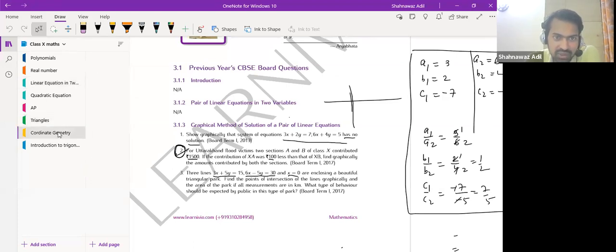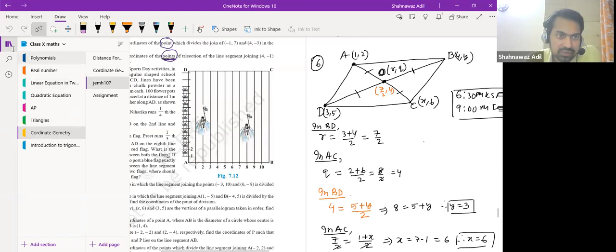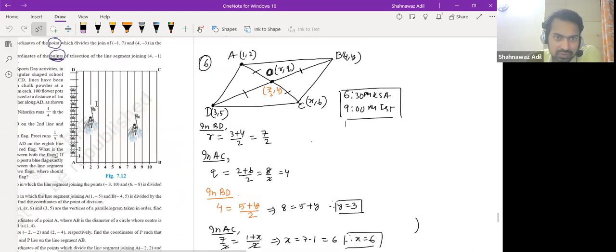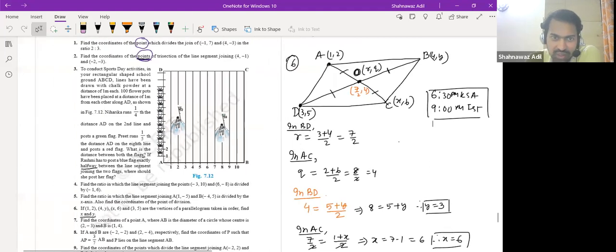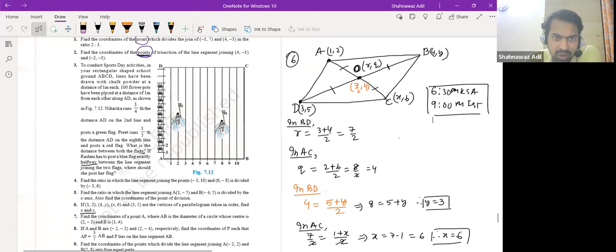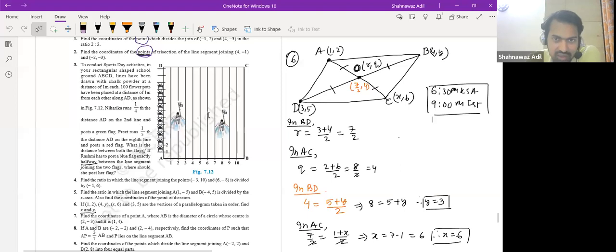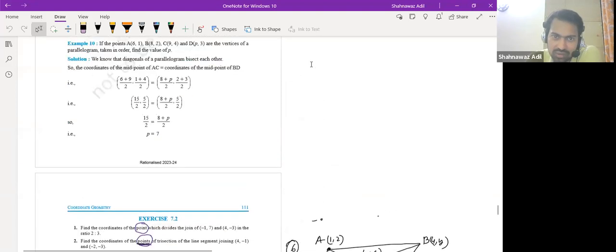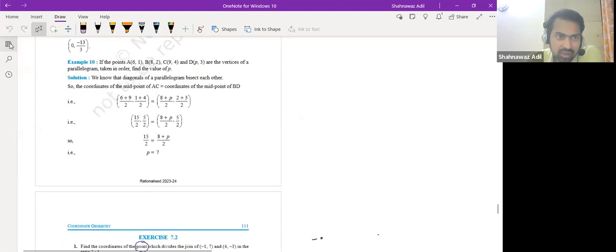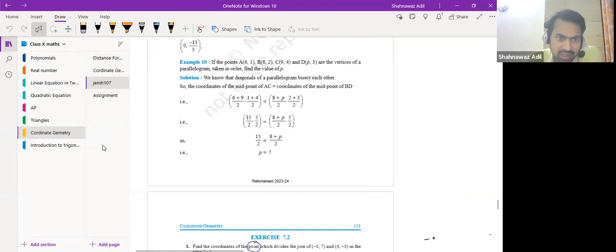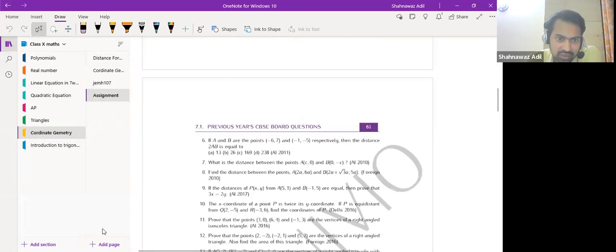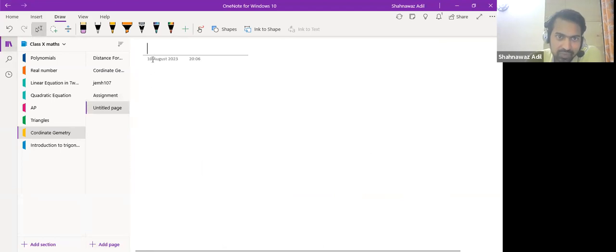So let us start with coordinate geometry, because this one is the smallest chapter, right? So let us learn about the concept part, and then okay.